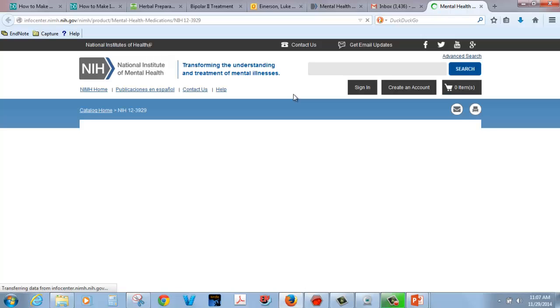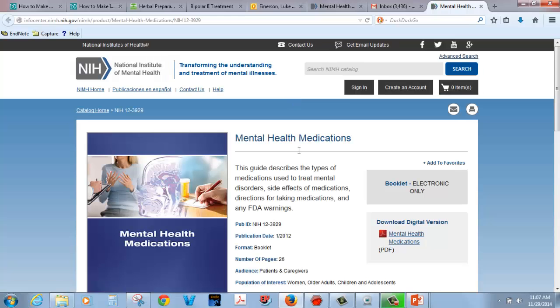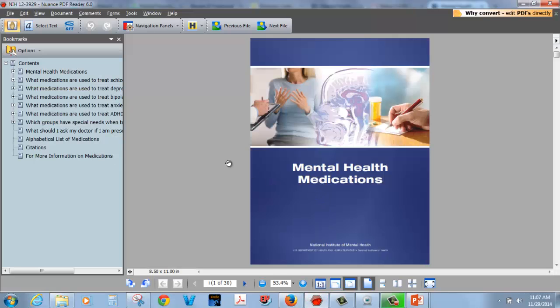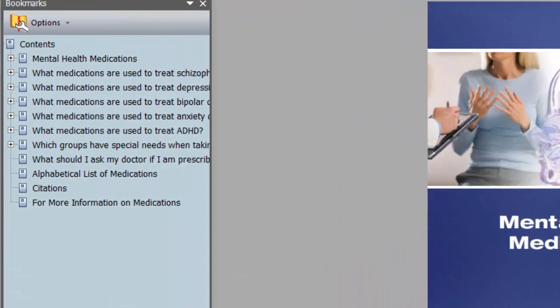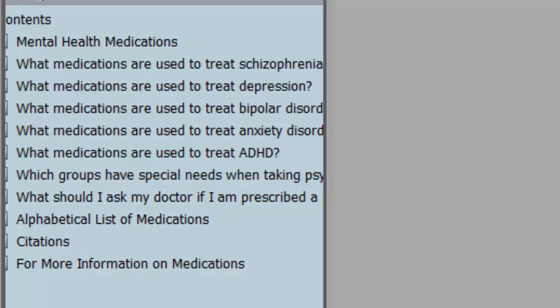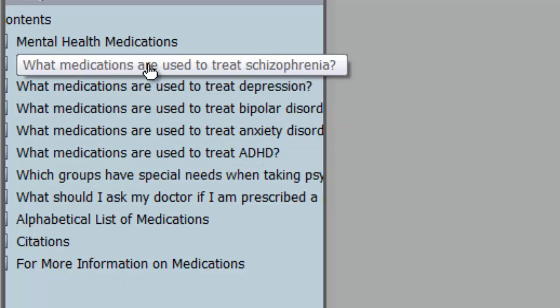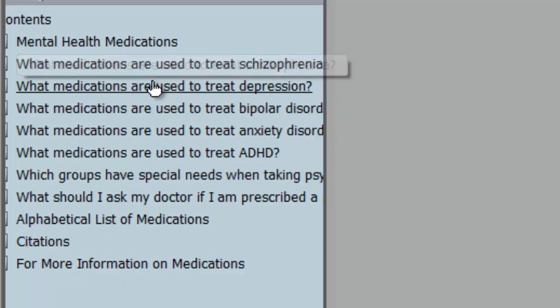It's from the National Institute of Mental Health, and it's an entire book that's free. To give you an idea, it tells you what types of medications are used for schizophrenia, to treat depression, bipolar, anxiety, ADHD.